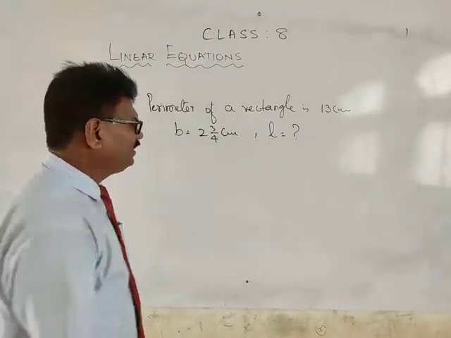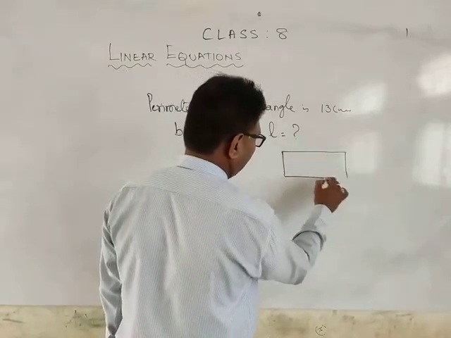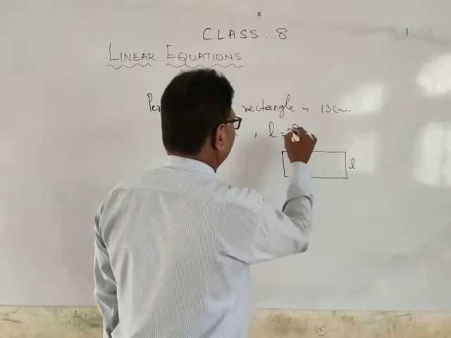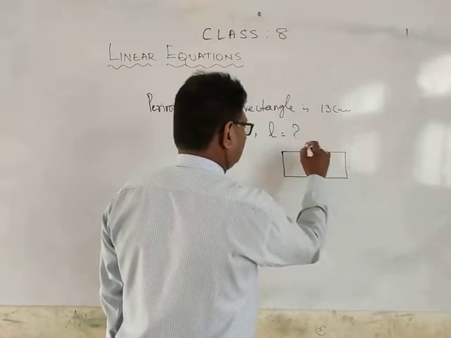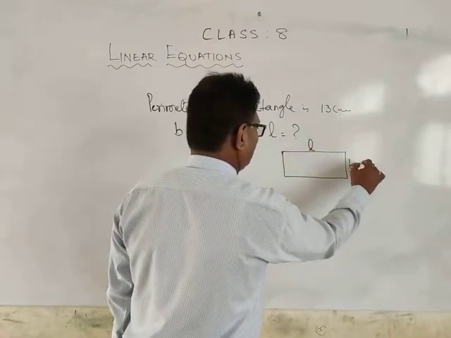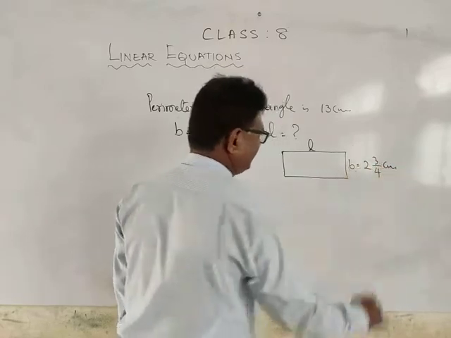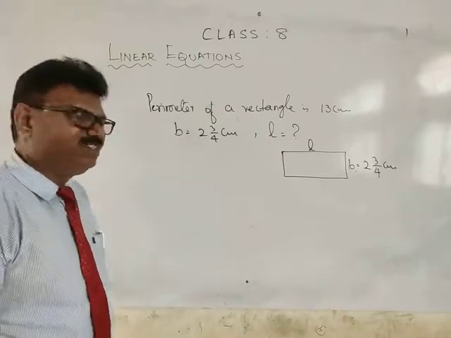Very simple. Rectangle means, you know, this is a rectangle. The length we don't know. The breadth B is equal to 2 whole 3 by 4 centimeters. And the total perimeter: do you know what perimeter means?